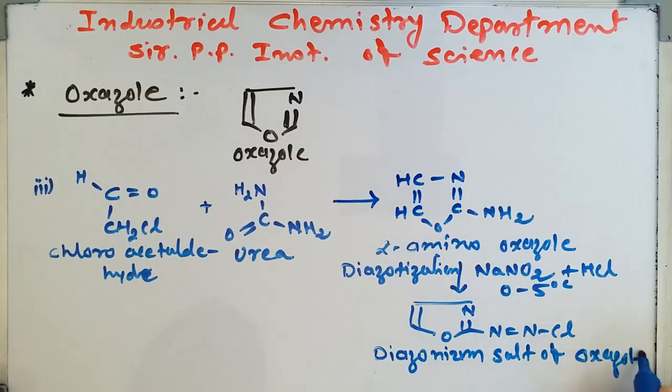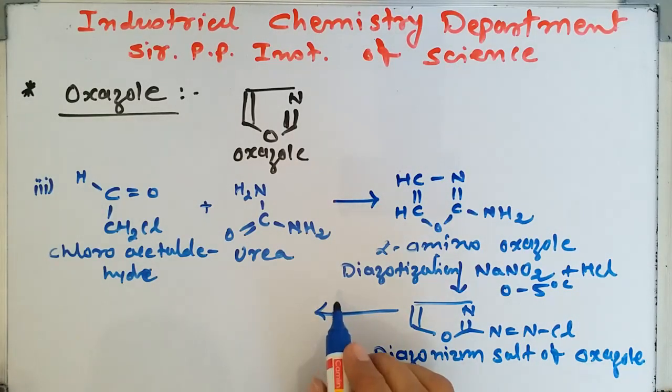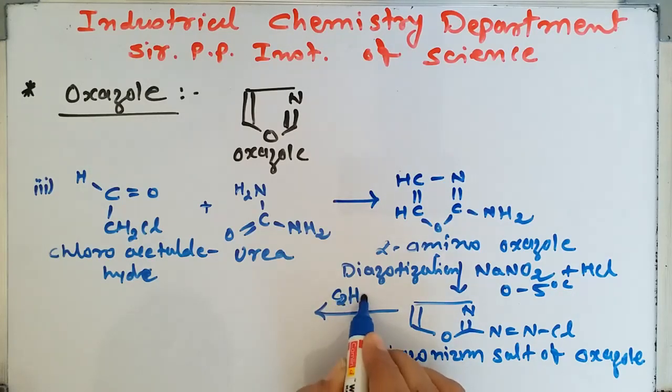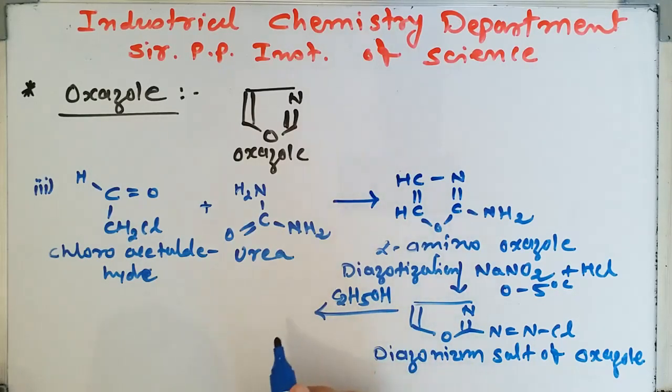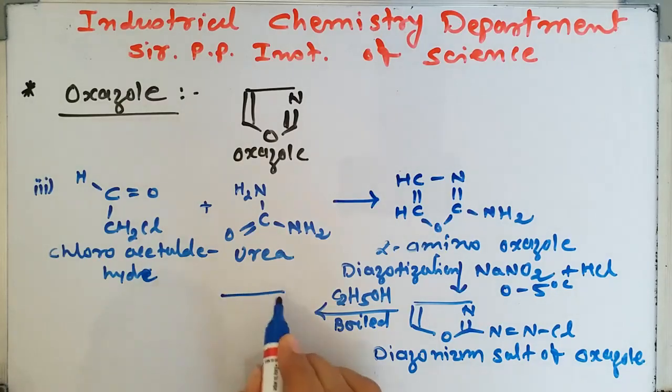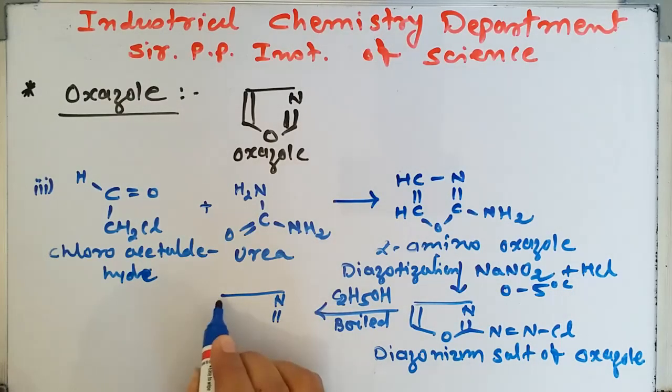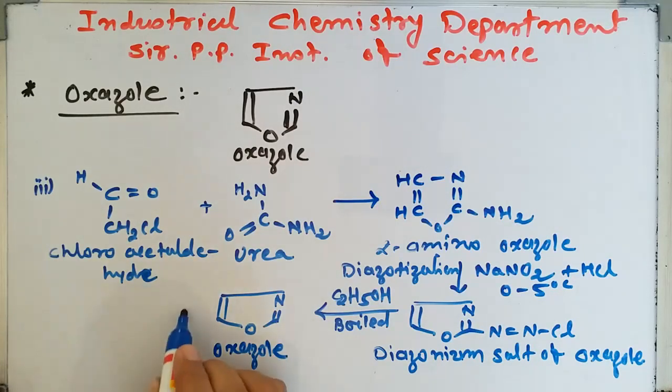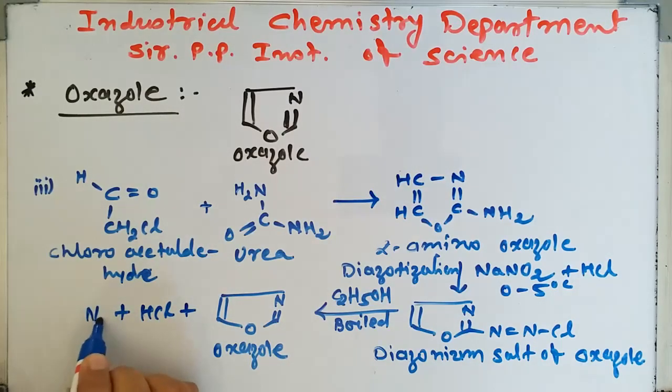Boil with ethanol, C2H5OH. The diazonium group is removed and we get oxazole, with HCl and evolution of N2.